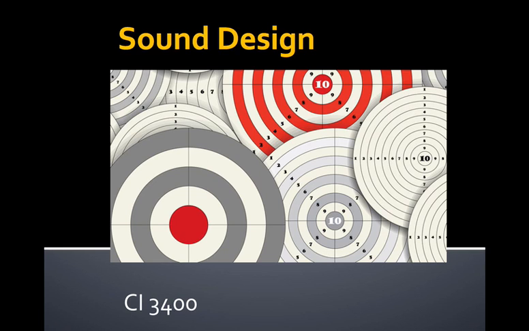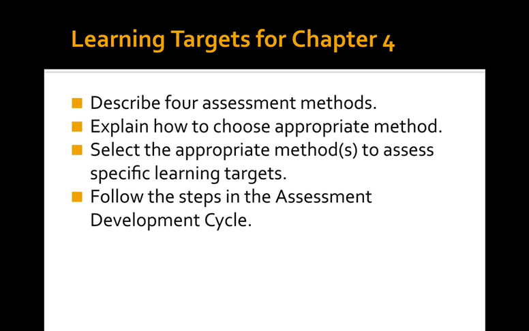So this next piece that we need to think about, and this begins with part 4, is what is it that we want to make sure that our assessment entails.